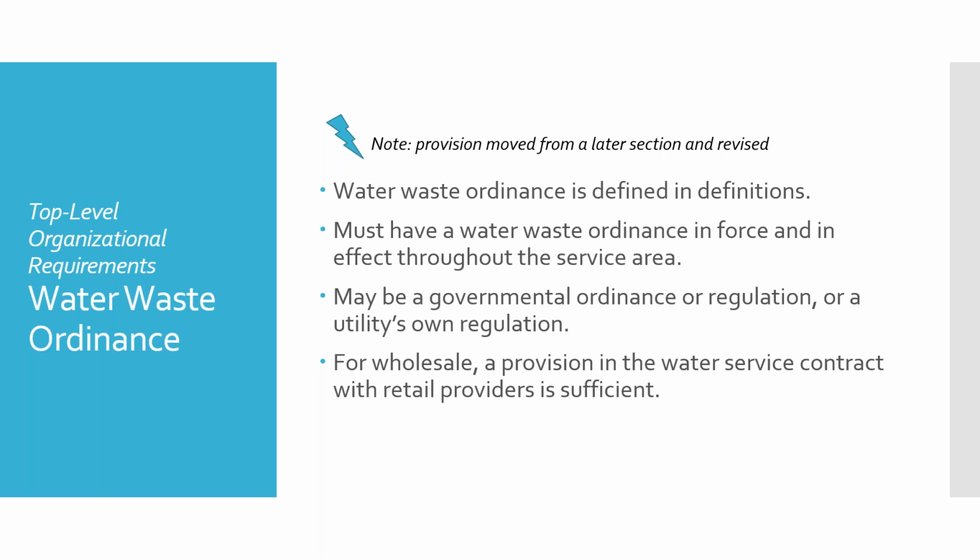So it should be enforced. It should have a means for enforcement. It may be a governmental ordinance or regulation or a utility regulation, so it might be done by the city as opposed to the utility. And then for wholesale, there's just a requirement that there be provisions.